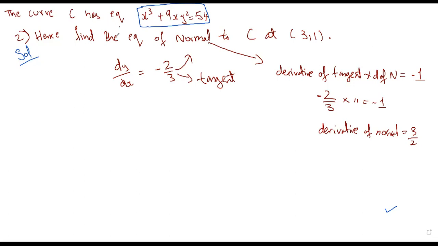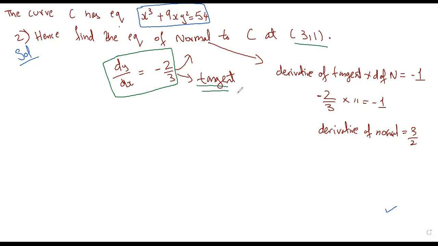So basically, in the previous part, we calculated the derivative of the tangent to this curve at the point (3, 1). For now, just know that this dy by dx was minus 2 by 3, and that was the derivative of this tangent.